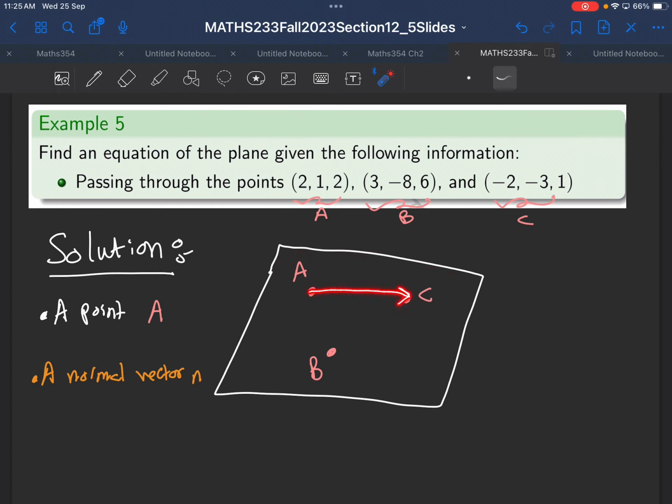So I will have one vector here, which I will call AC, and another vector, which I will call AB. Now both of these vectors lie on the plane because the points are on the plane. If I do the cross product, I will get a third vector, which is orthogonal to both of them, and orthogonal to both of them means orthogonal to the plane.